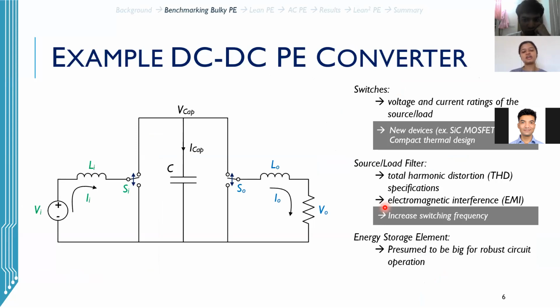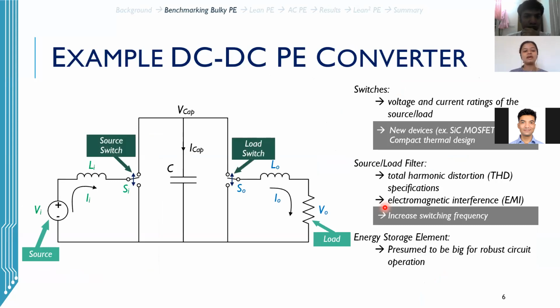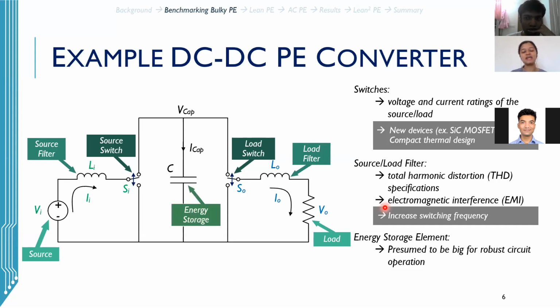This is a cascaded power converter wherein the source and the load are located at the left and the right hand side. We have the associated switches, the source side switch and the load side switch. The filtering elements interface the source and the load to the DC bus capacitor via the switches. And finally, we have the energy storage elements.